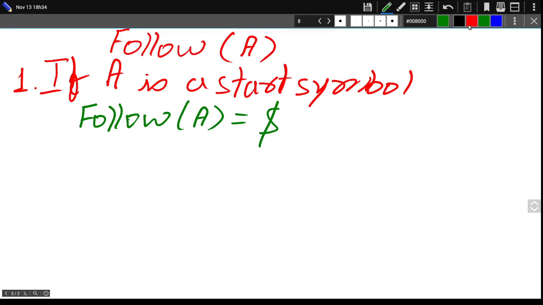Now the second rule says if it is not a start symbol, then it is somewhere else.